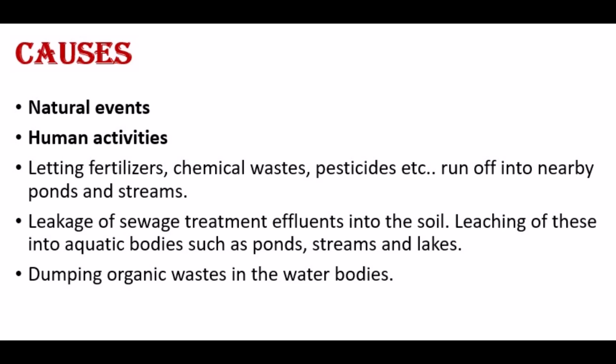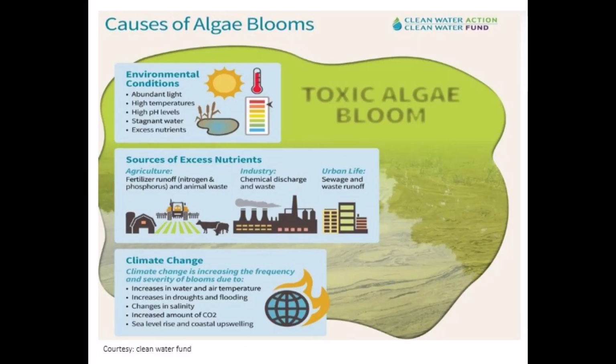Dumping of organic waste in the water bodies is also one of the main reasons for the occurrence of algal blooms. So this is an image which shows the various causes that can lead to algal bloom formation. Climatic change is also another important factor which contributes to the profuse growth of these algae.